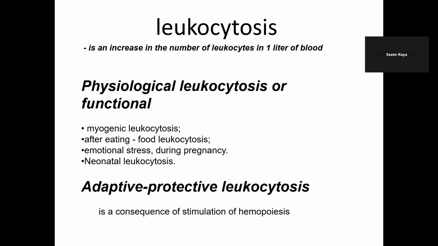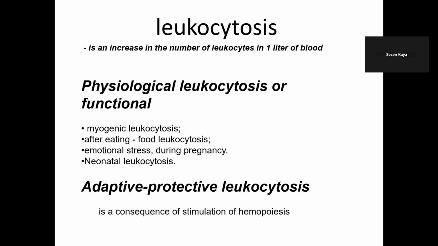With physiological leukocytosis, we are not talking about the creation of new cells. We are talking about leukocytes from the surrounding tissue moving into the bloodstream for a few hours, and afterwards they go back to the tissues. But with adaptive protective leukocytosis, we are talking about the creation of new leukocytes.